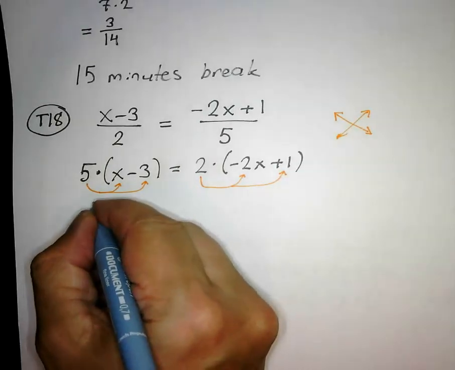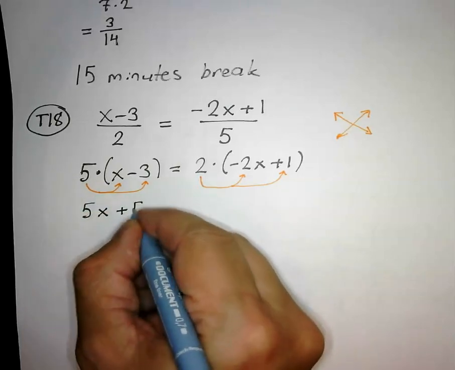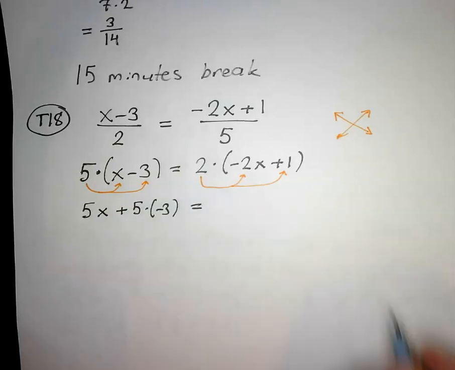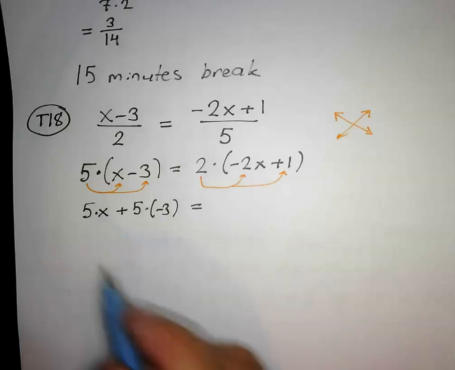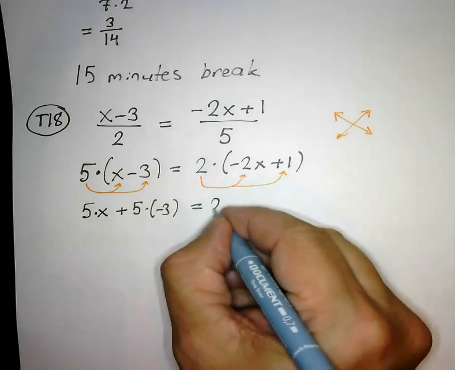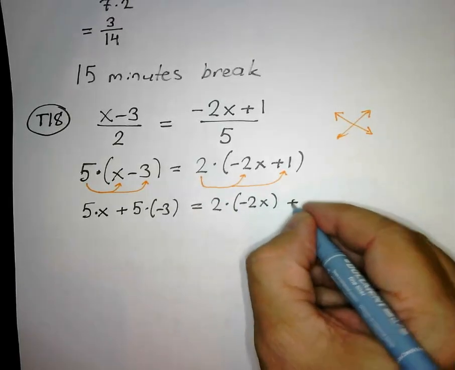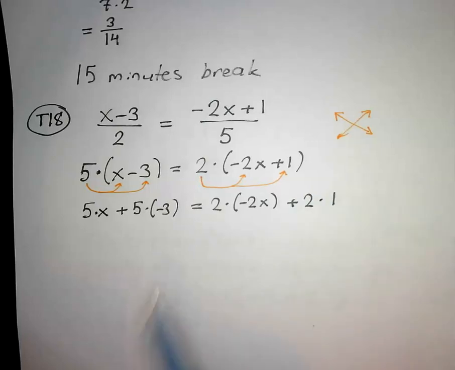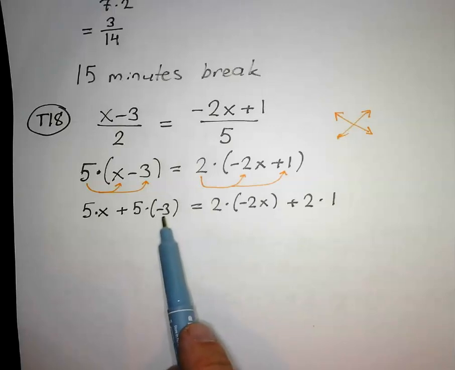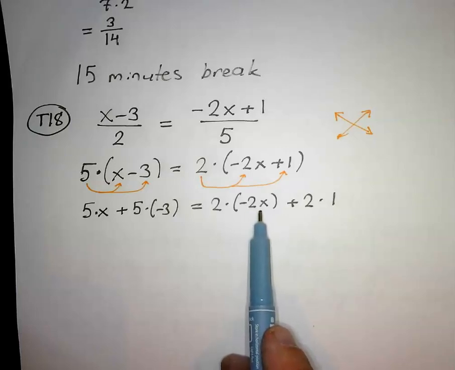So you get 5 times x plus 5 times minus 3 equals, well, now let's have this multiplication sign. It is not necessary, but I write it there. And then here also 2 times minus 2x plus 2 times 1. It is useful to use these parentheses when you have a minus signed number or a minus signed expression there.